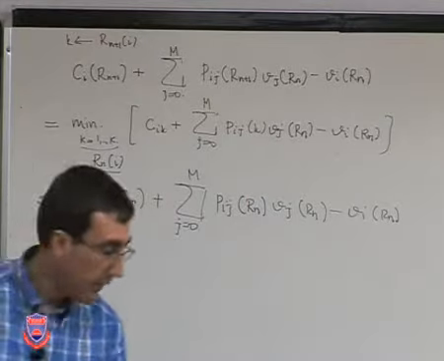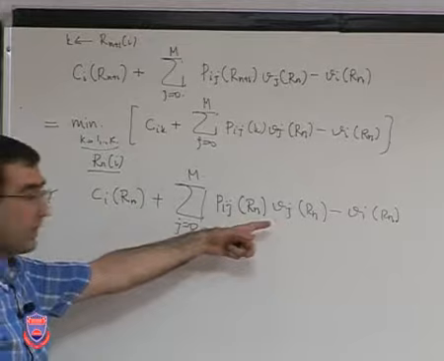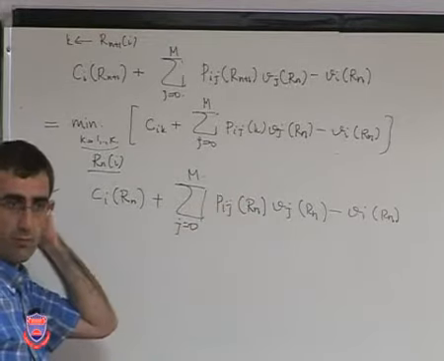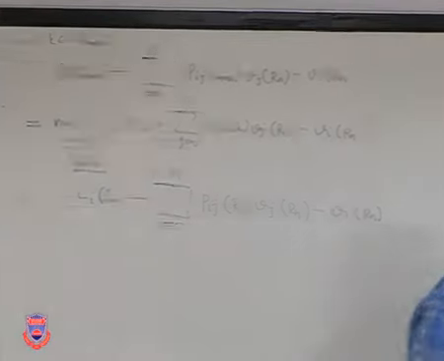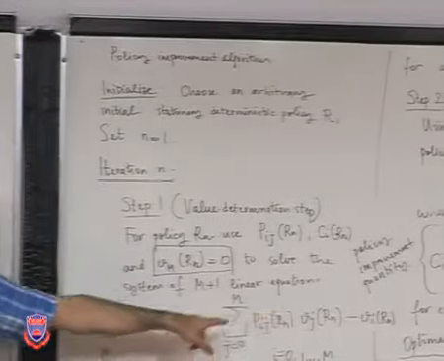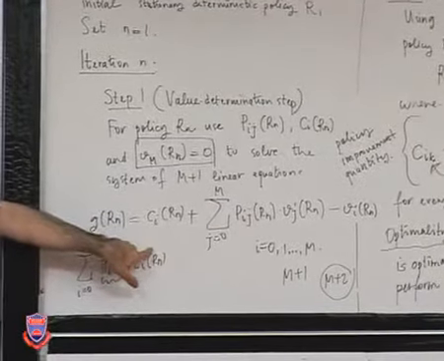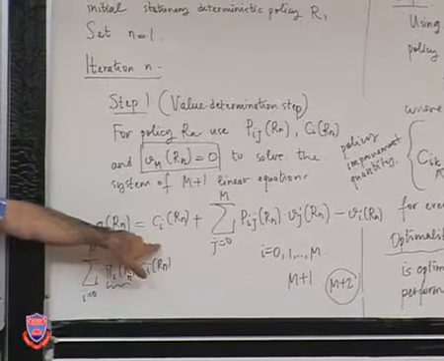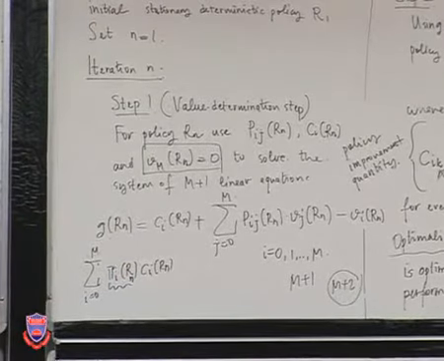We have that. But what is this? Can you recognize this? Now you look at the equation that you need to solve in order to find the relative values. Do they look this similar, or what is missing? This thing equals what?